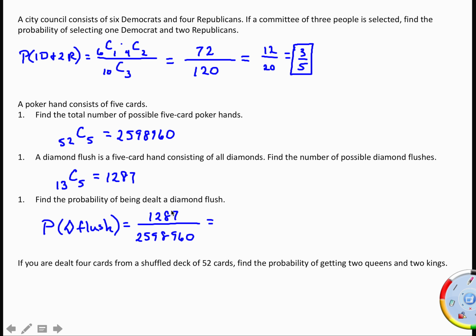They're not both divisible by 2. Let's see if 1287 is divisible by 3. It is.